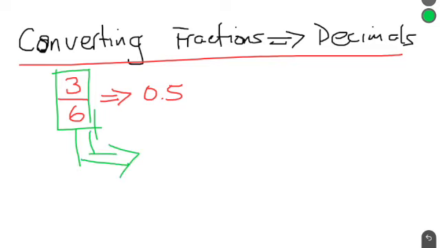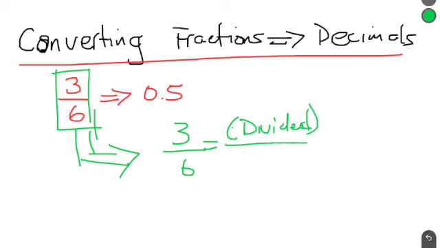If you recall, in a division problem, the 3 in this case would be the dividend. The 6 would be the divisor. And our answer would be the quotient, okay? That way, if I throw around those terms, you know exactly what I mean.